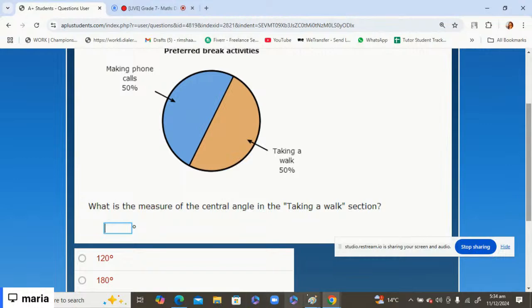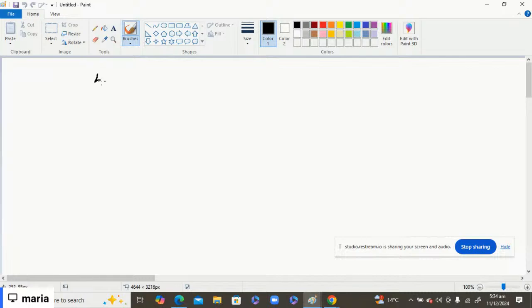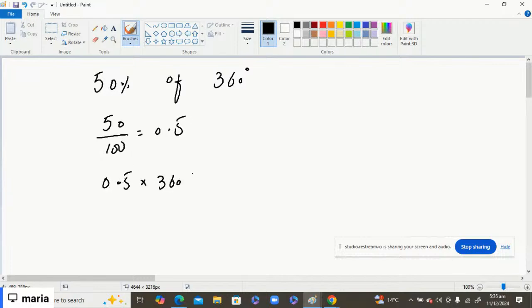So 50% of 360 degrees. What is the answer for 50%? 50 divided over 100 is 0.5. Now 0.5 is multiplied with 360.